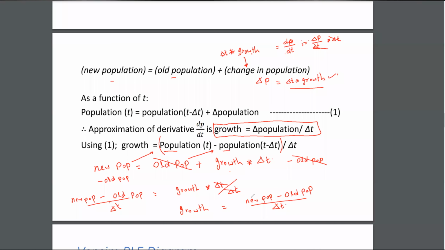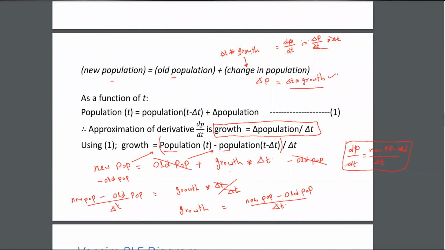So this is a new way of showing dp by dt, which is also equal to new minus old divided by change in time. Okay, so that is a new equation you can come up with.